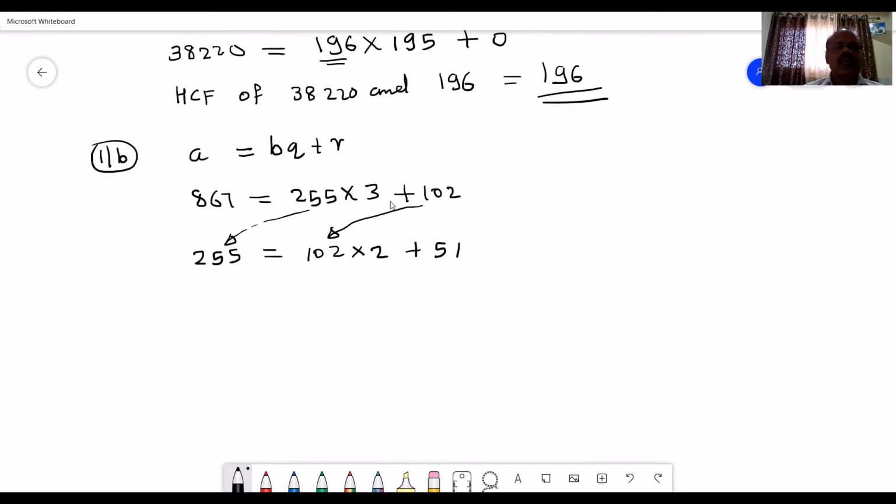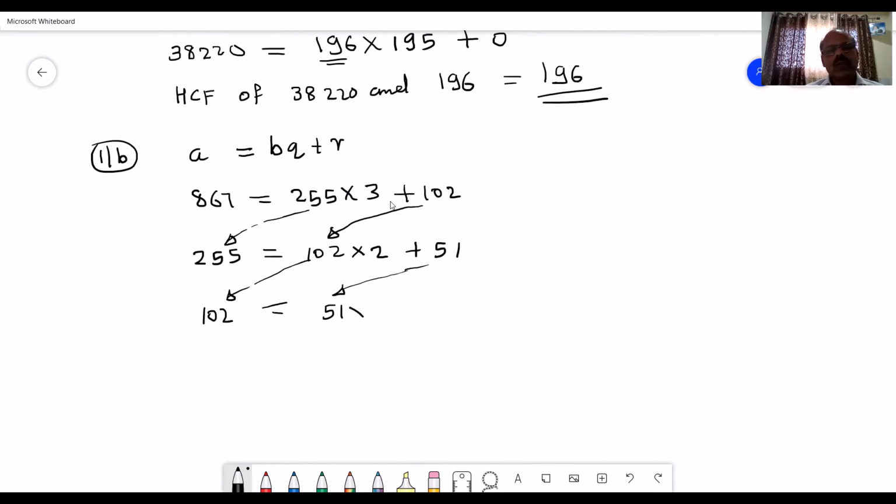Now what will we have to do? 102, that is this number, B will come here. B is equal to, now here it will come 51. How many times will 51 go through 102?